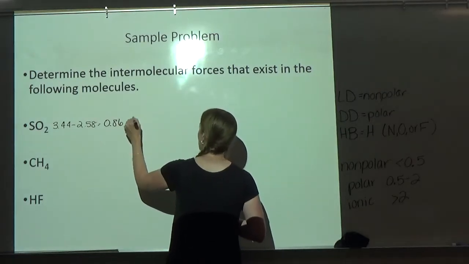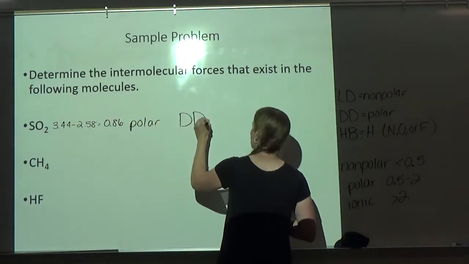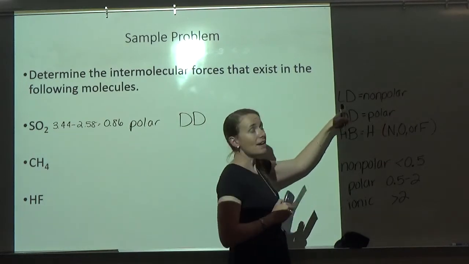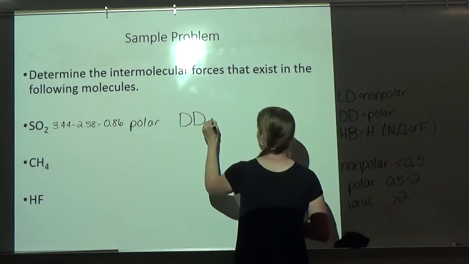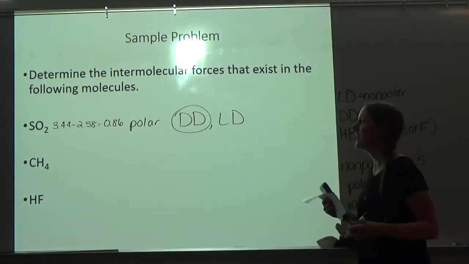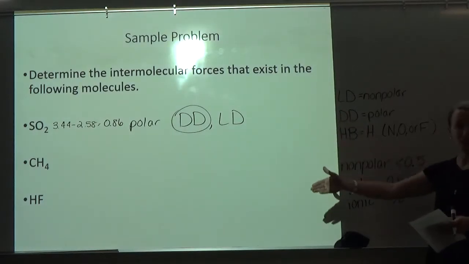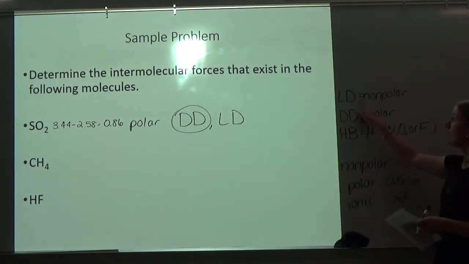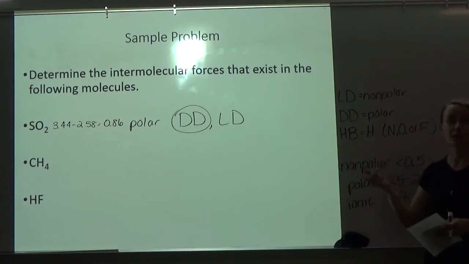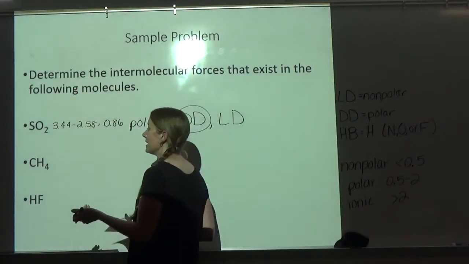It is going to be polar, which means it is going to experience dipole-dipole attractions. However, every molecule experiences London dispersion. I'm going to circle dipole-dipole because that would be the stronger of the two. The one that would make the most difference is the dipole-dipole, but every molecule has London dispersion forces. All right, next we have CH4.